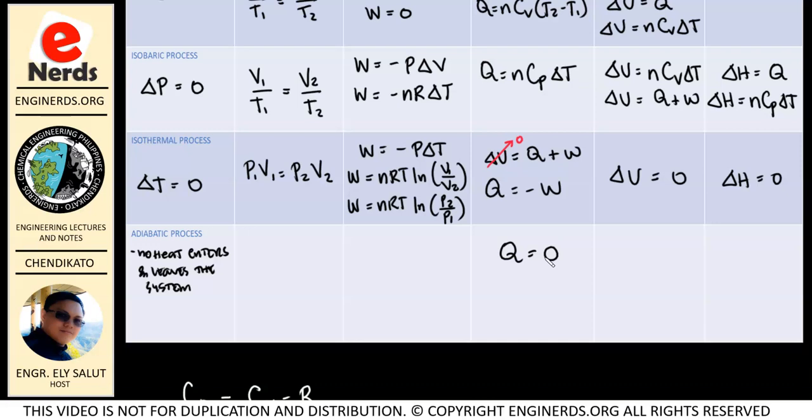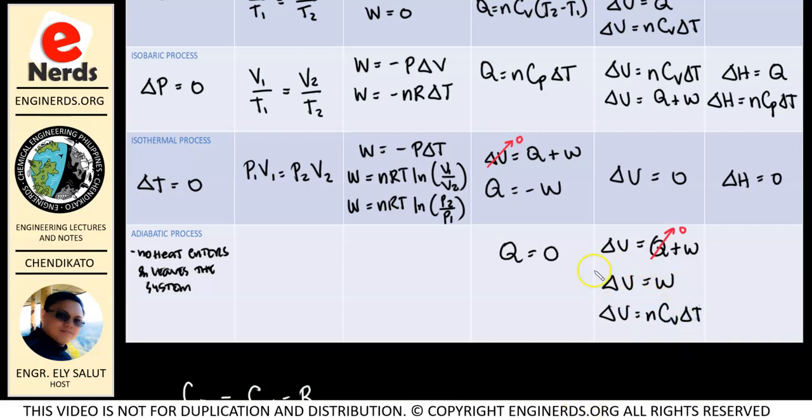So in our first law of thermodynamics, we have our delta U, which is equal to Q plus W. In here, our Q is equal to 0 in adiabatic process. So that means our delta U is equal to W. Okay, but don't also forget that our delta U is equal to nCv delta T, right?